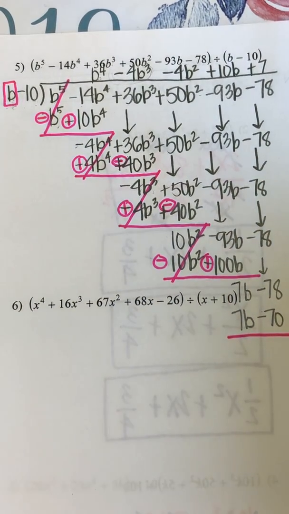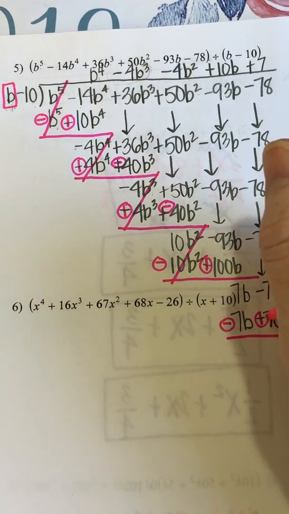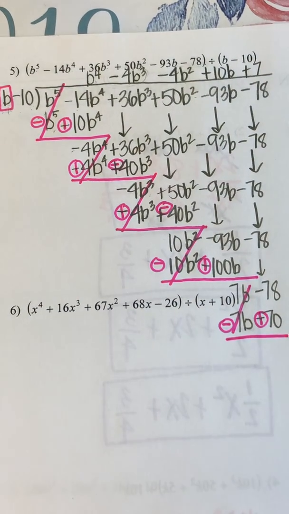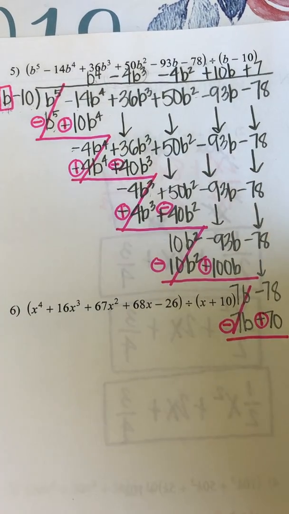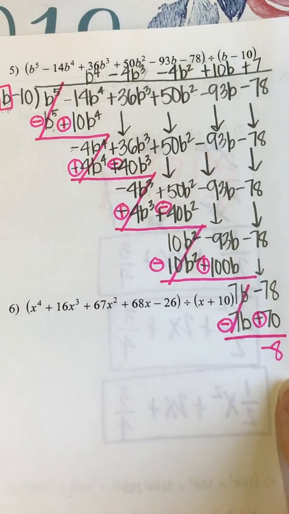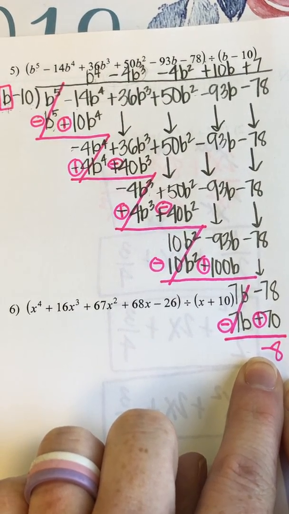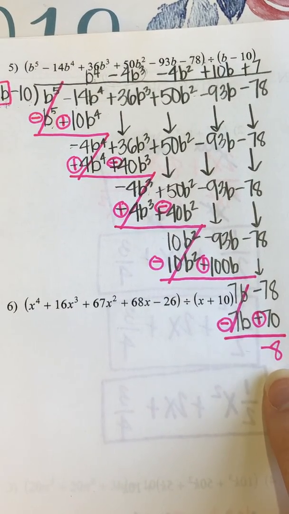So one more time, I'm going to come through and I'm going to subtract. That becomes a minus and that becomes a plus. The 7b's cancel out. And what is negative 78 plus 70? Negative 8. Can I multiply b by anything that's going to give me negative 8? No. So I'm done, but this is my remainder, right?